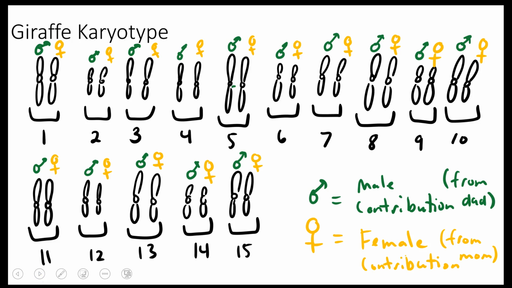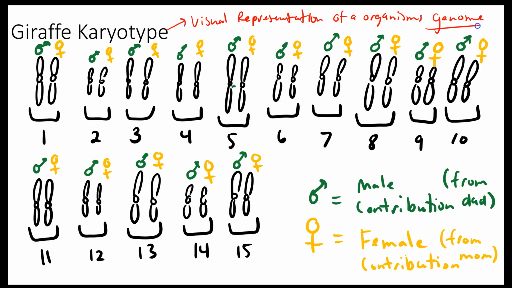Let's take a quick look at a karyotype. A karyotype is a visual representation of an organism's genome, or its entire collection of genetic material.